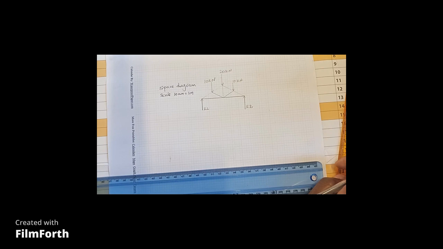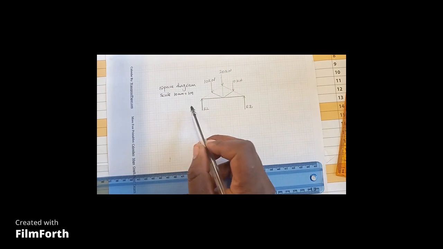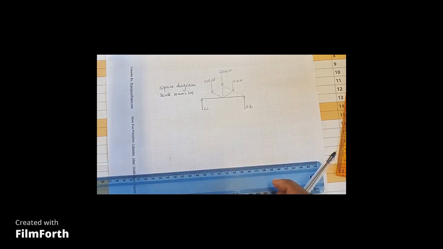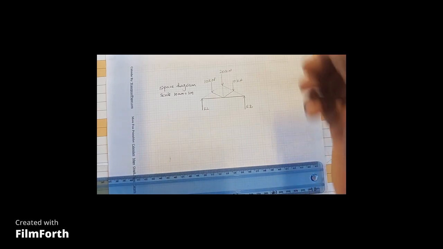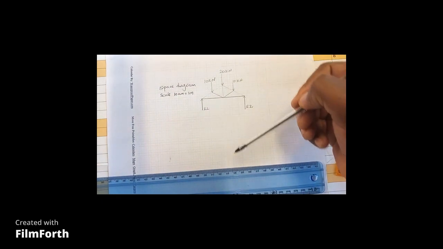The next thing for you to do now is to calculate the magnitude of the reactions. As you can see, this is a symmetrically loaded frame, meaning the sum of downward forces should simply be equal to the sum of upward forces.